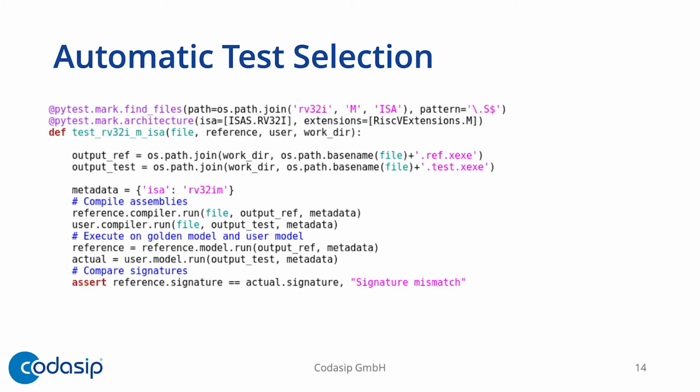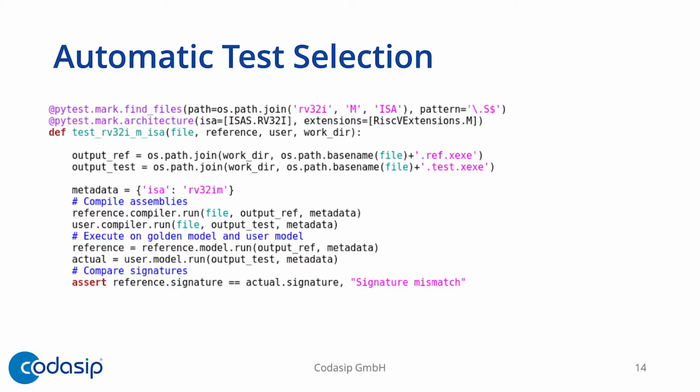So here's an example of a test in the framework. On the top, you can see the decorators, so-called markers, and they specify where the framework searches for the tests, and some pattern for the tests. We can see that it finds only assembly files.